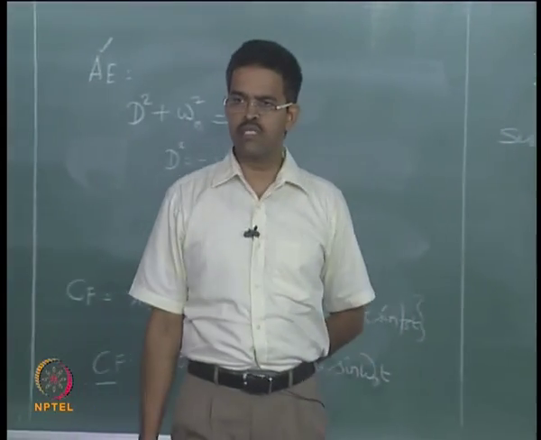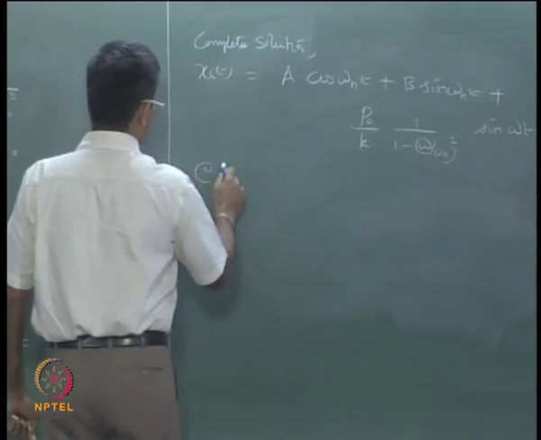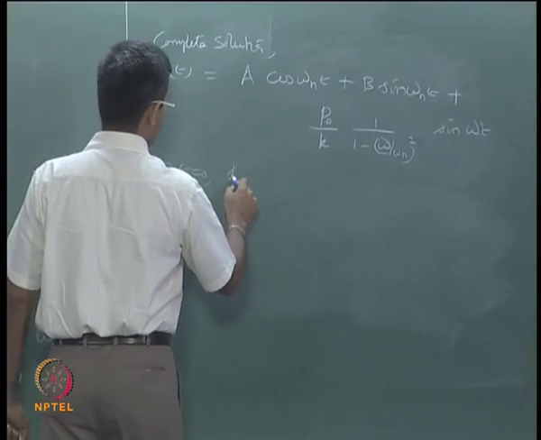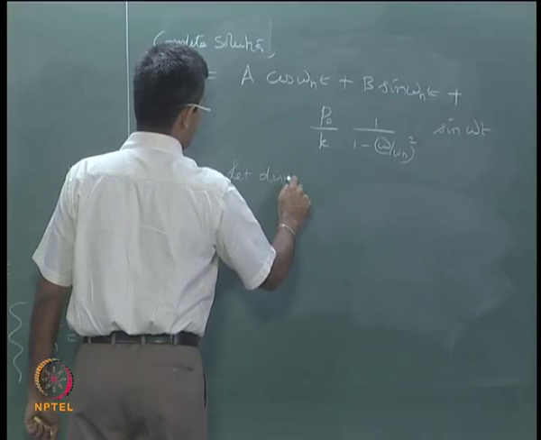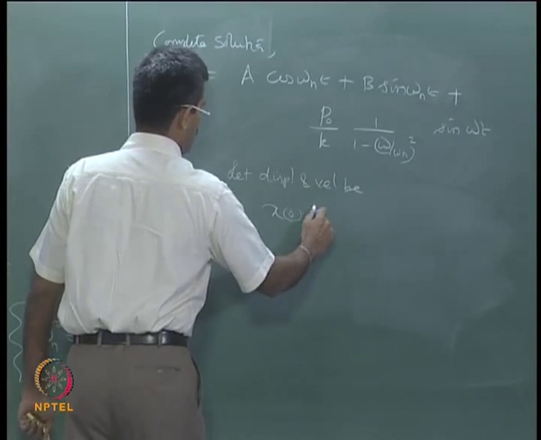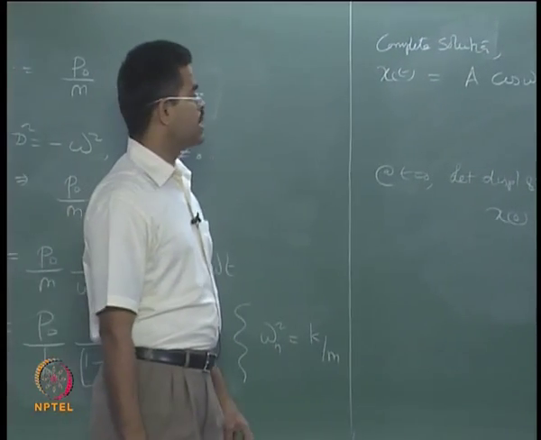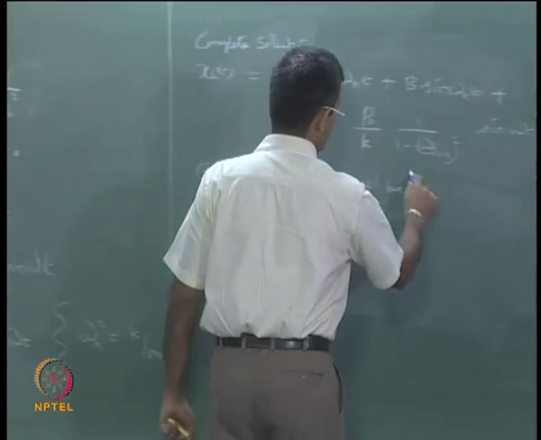Now there are constants a and b, I have to eliminate them. So I will use, at t equal to 0, let displacement and velocity be x0 and x dot 0, which are initial conditions for the given problem.